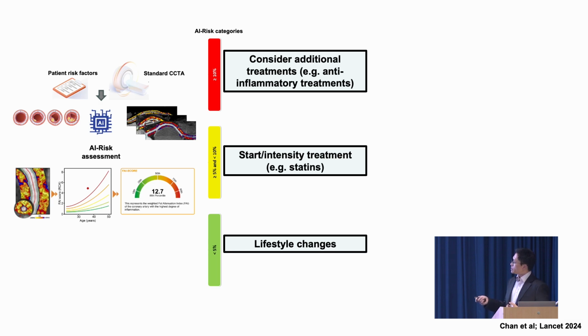And with this score, we can generate a kind of traffic light system of how high the risk is. So if it is green, perhaps lifestyle changes, stop smoking, or a healthy diet. If it is in the yellow zone, maybe we should think about tablets.